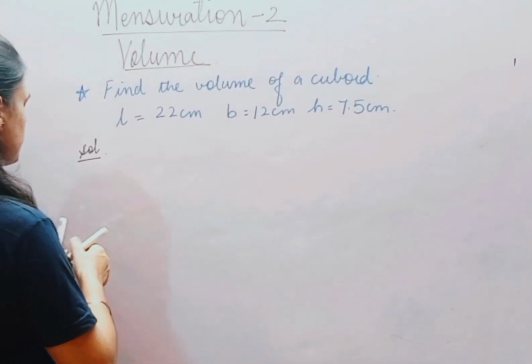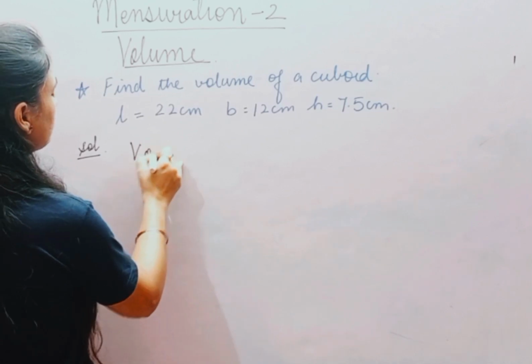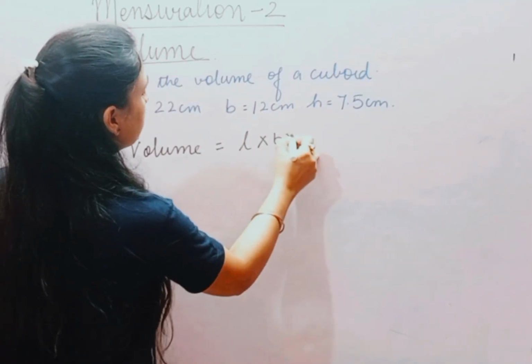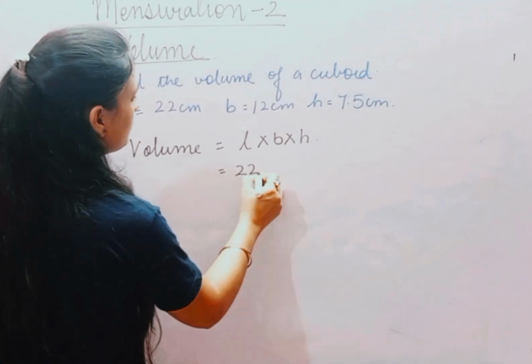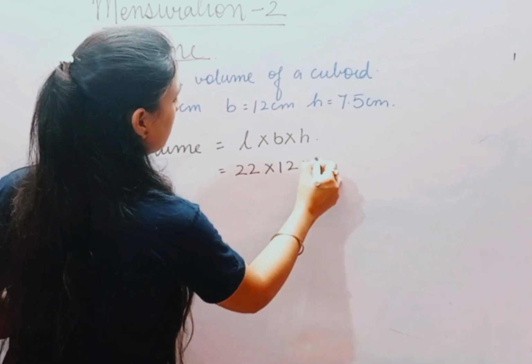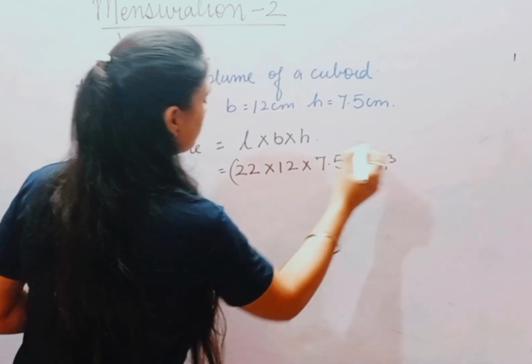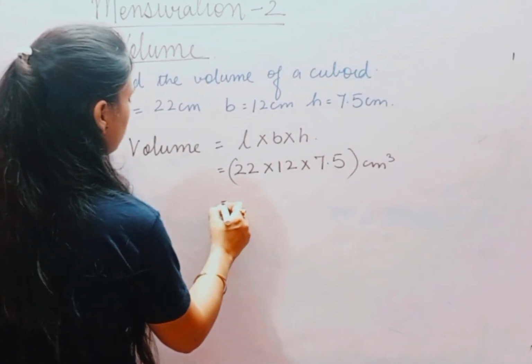So what is given to us? Length, breadth and height. We have to find the volume. So what is the volume of a cuboid? That is length, breadth and height, meaning you have to multiply all three. So here 22 multiply by 12 multiply by 7.5, and centimeter cube, because the unit of volume is cubic unit.